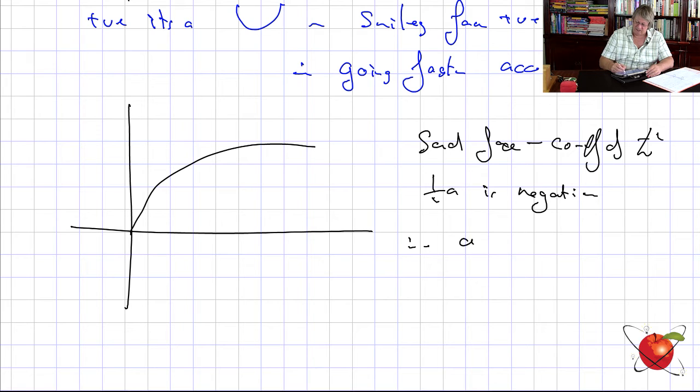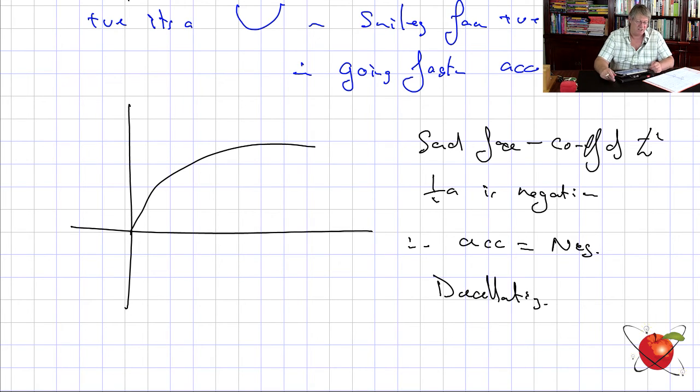Therefore, acceleration is negative, which means I am decelerating, okay? It's slowing down, all right?